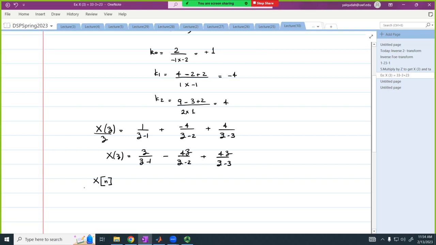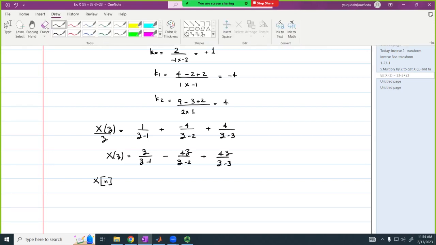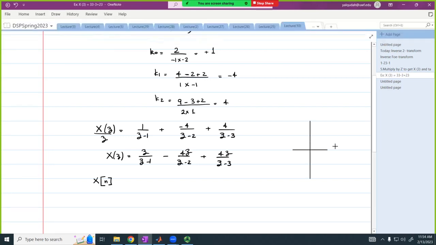Now, if I look at here, in this example, the region of convergence is between 2 and 3. So this is a 2, this is a 3.